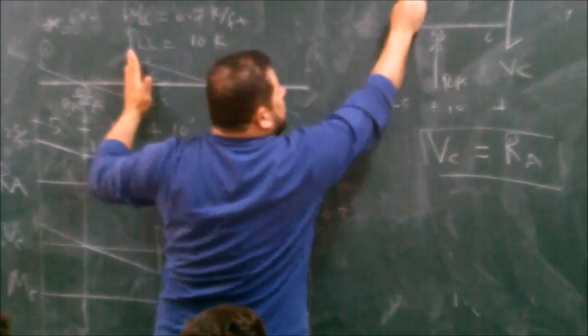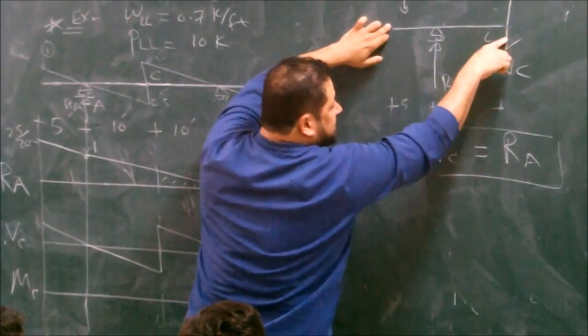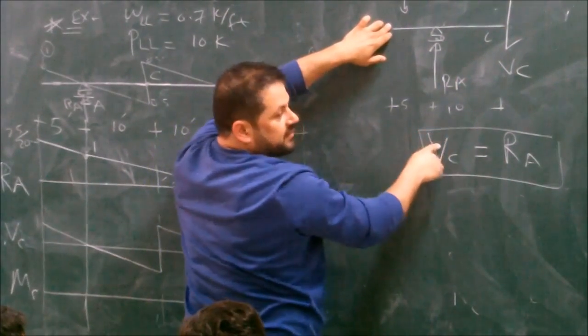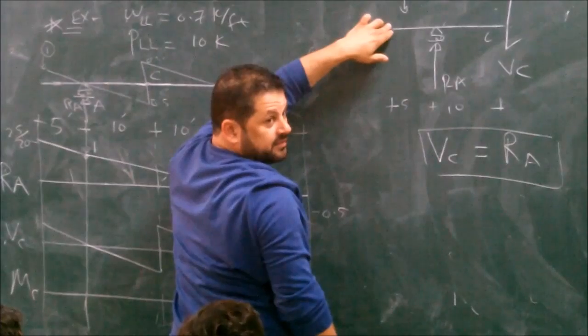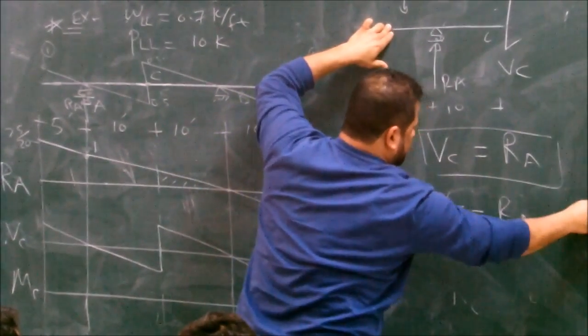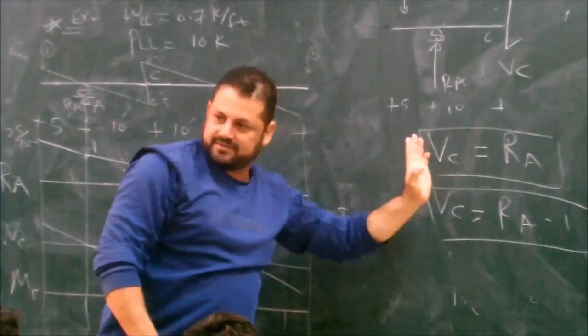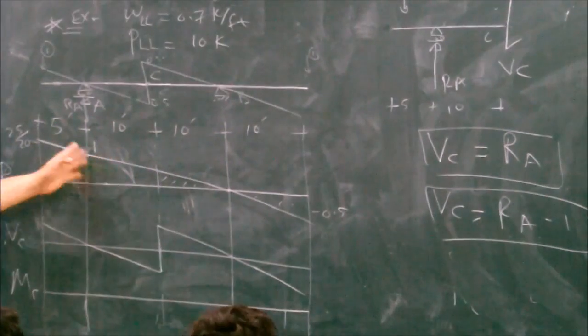If the unit load is anywhere between this point and C, VC equals RA minus 1. The only thing we need is RA.